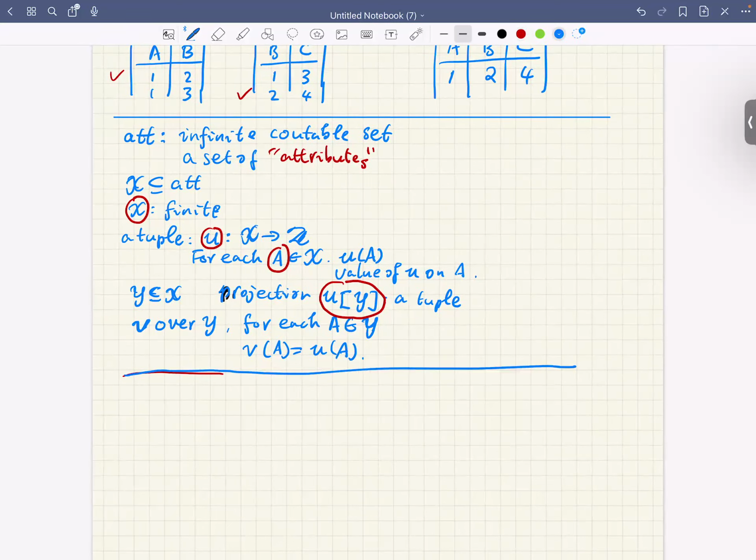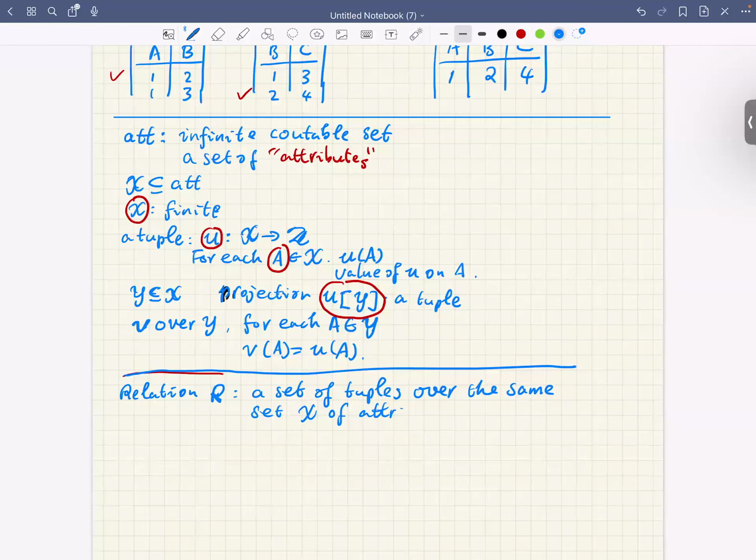Okay, so a relation, let's call it R, is a set of tuples over the same set of attributes.